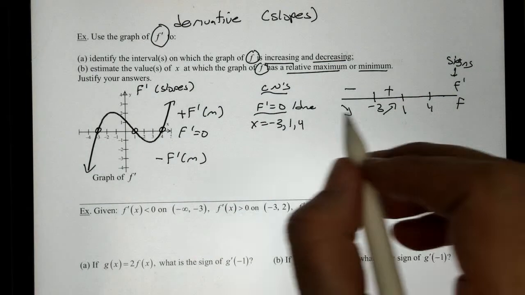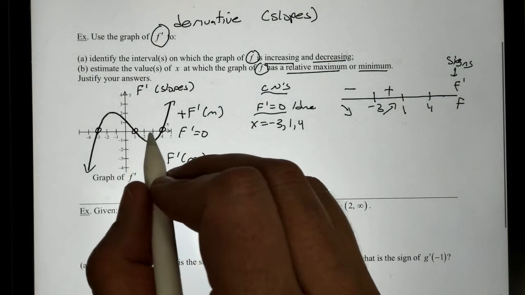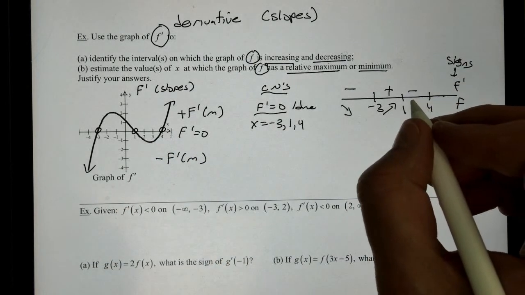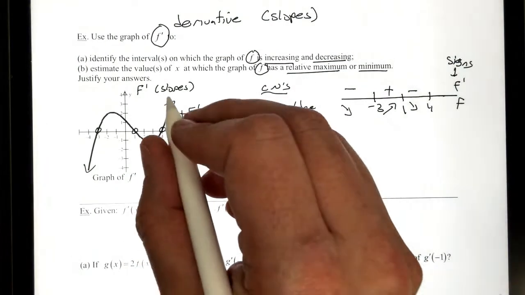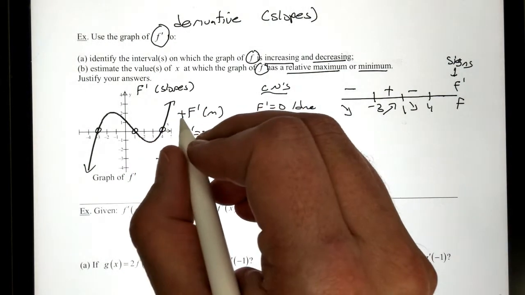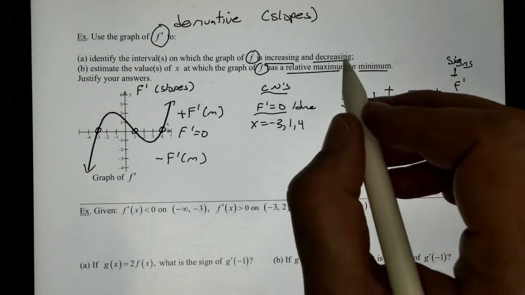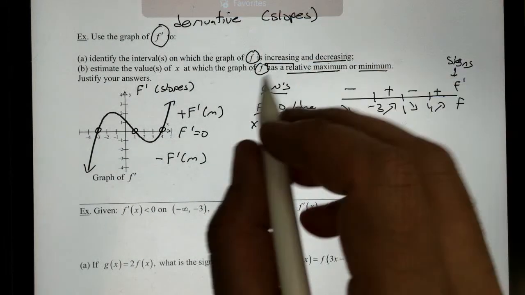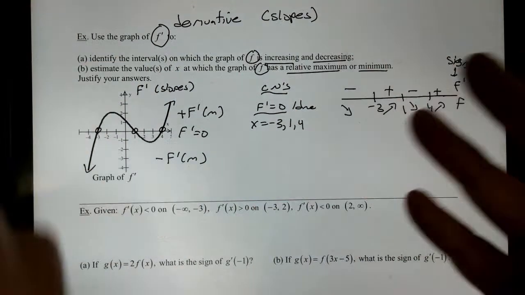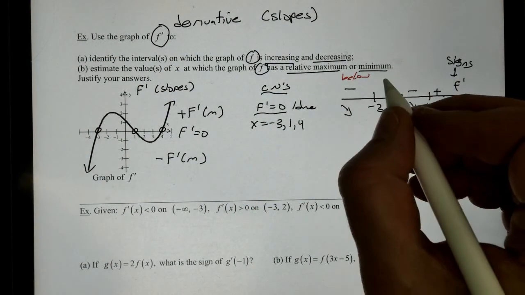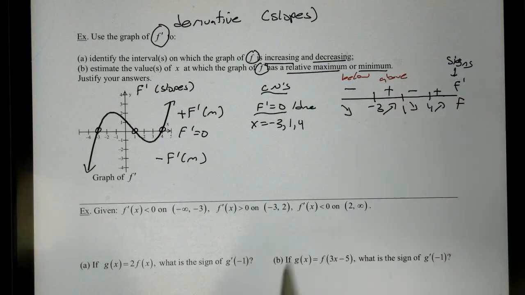And between 1 and 4, again, we're below the x-axis, and it's telling us that we're negative. So it's going down. And after 4, again, we're above the x-axis, and that's telling me that my slope is positive, so we're going up. Remember, why do we choose these? Given the graph of the derivative, the slopes, if you're below the x-axis, the slope is negative, and if you're above the x-axis, the slope is positive.